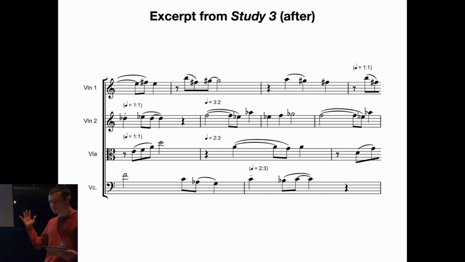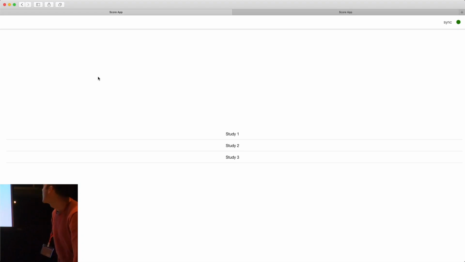So in terms of the full score, that's what I'm looking at, but I want to show you now how this translates into the app itself. Okay, so obviously this would normally be appearing on a tablet device like an iPad or something, a separate one for each performer, but I'm just showing you in a web browser for the moment.